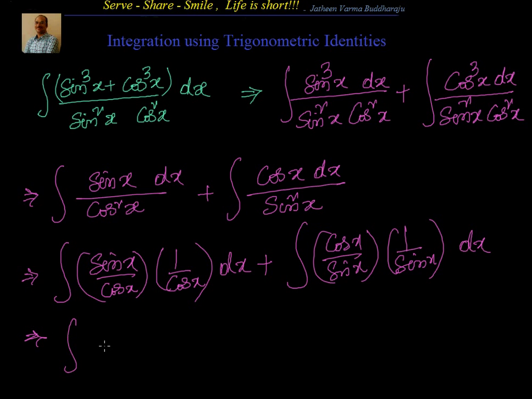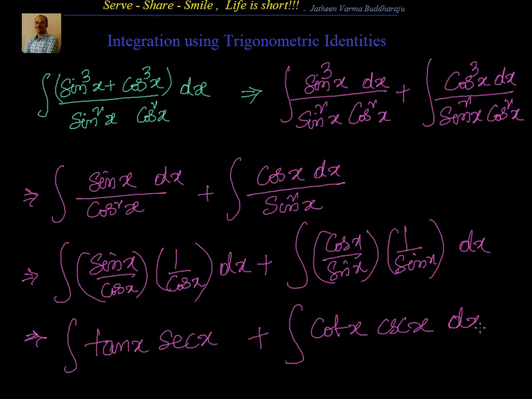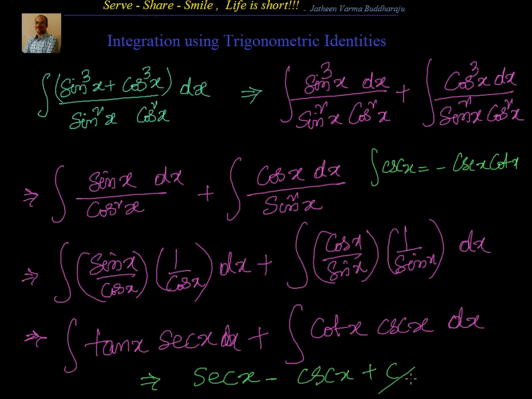Now this is nothing but integral of tan x secant x plus integral of cot x cosecant x, for which we already know the integrals. We know that integral of secant x tan x is secant x, and integral of cosecant x cot x is minus cosecant x, because integral of cosecant x cot x is minus cosecant x. Since we have plus here, it will become minus cosecant x plus c.